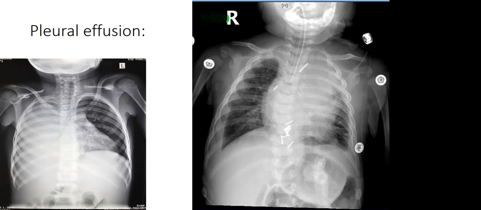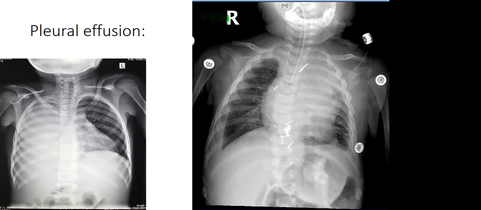What about the second one? What can you see on the second X-ray? Anyone tell me? Quite a lot of different things. So on the second X-ray, it looks like something is pushing the right lung.